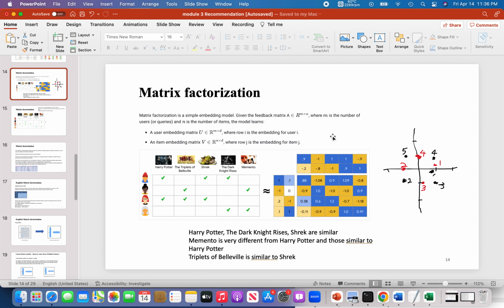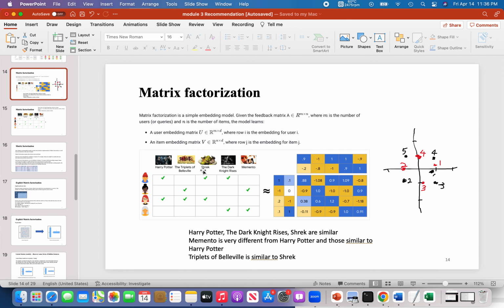In this case, we have Harry Potter at 0.9 on the x-axis and negative 0.2 on the y-axis. That's the first movie, so I mark this 1 here, at the coordinate 0.9 and negative 0.2.